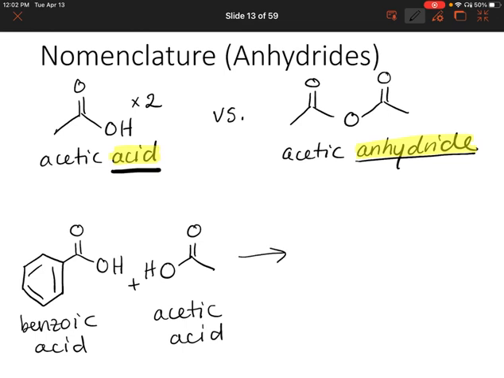All right, so then we have to figure out, okay, how would we name the resulting product? So this would be our product here.